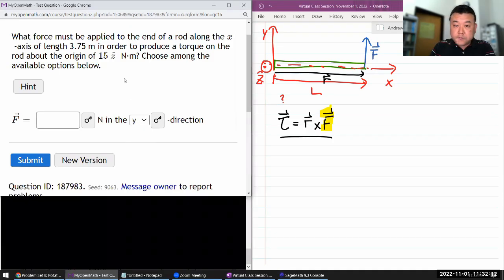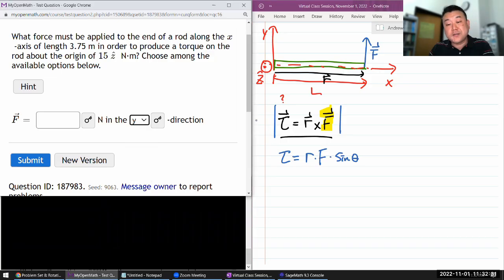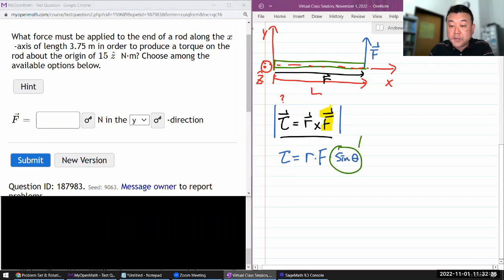And to get the amount of force, we just work through the magnitude formula. So the magnitude of torque is the magnitude of displacement times the magnitude of force times the sine of the angle between them. Since my only available choices were either 0 degrees or 90 degrees, in this particular case, the sine is going to be equal to 1.